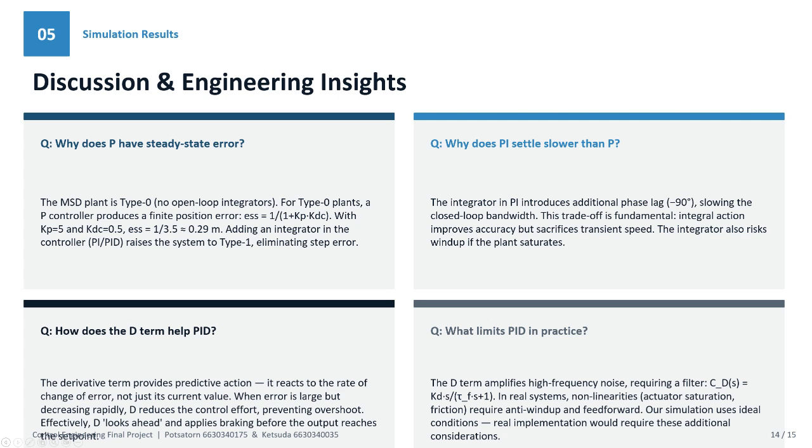We have demonstrated that while the mass spring damper system is inherently oscillatory and difficult to manage in its natural state, the application of a well-tuned PID controller provides the perfect balance between speed, accuracy, and stability. This project reinforces the importance of the derivative and integral terms in achieving precision in mechanical systems.